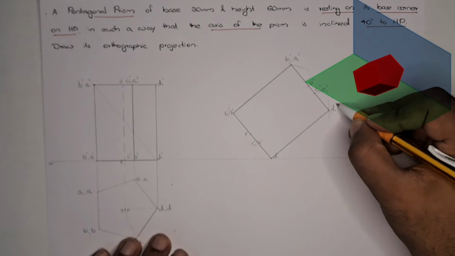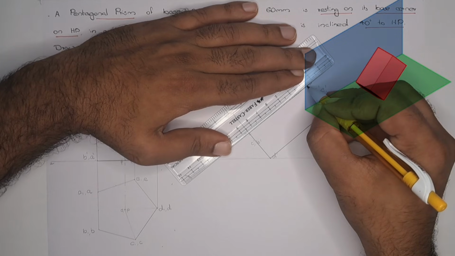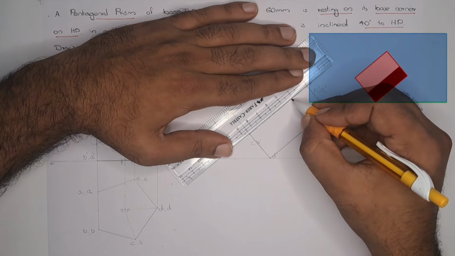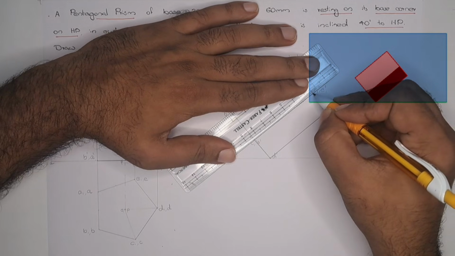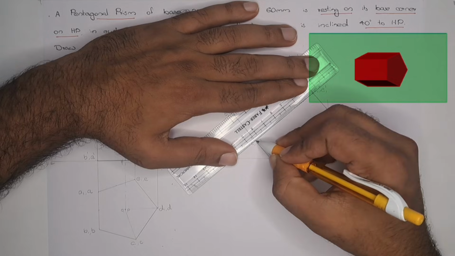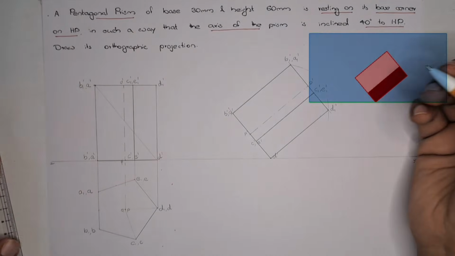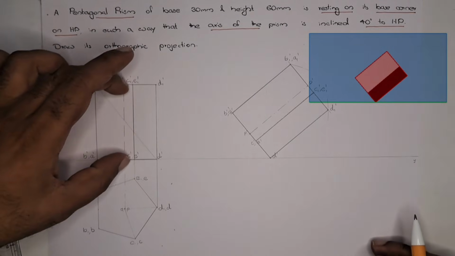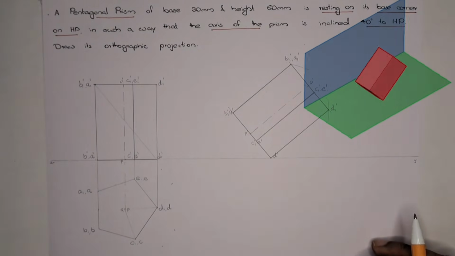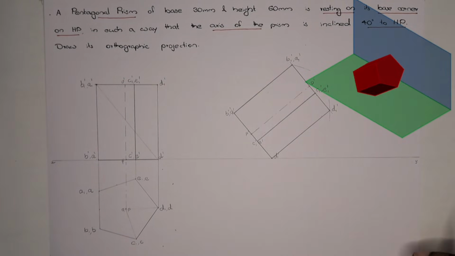Here D1 dash. So we just tilt this figure over here, and this is the body diagram. We can mark it here also if needed.